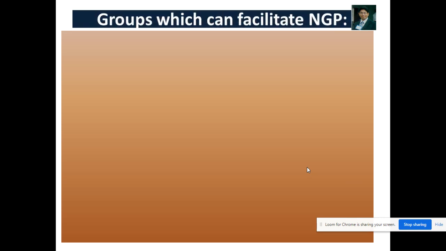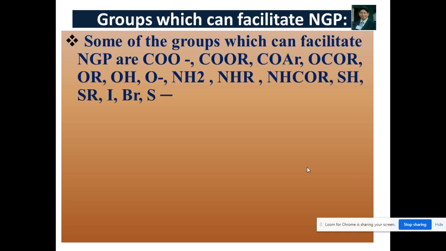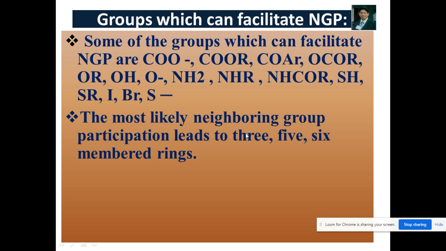Which groups will facilitate neighboring group participation? Some of the groups which can facilitate NGP are COO minus, COOR, where R is an alkyl group, COAr, aryl group, OCOR, R is an alkyl group, OR, OH, O minus. These groups can facilitate NGP reactions. The most likely neighboring group participation leads to a 3, 5, or 6 membered ring.